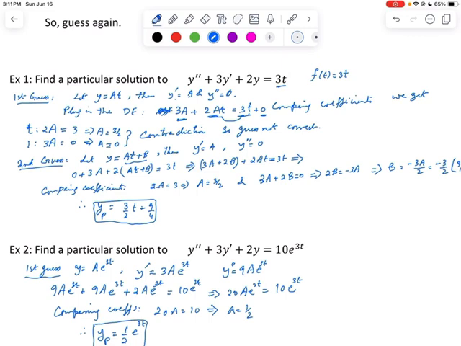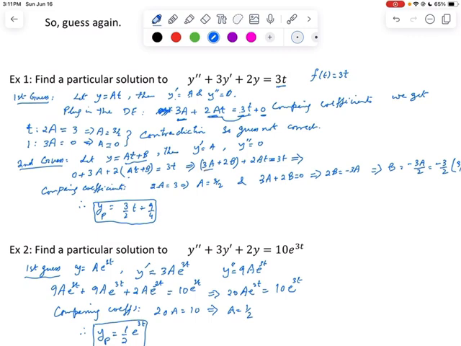The derivatives are still the same, but now when we plug in, we have 0 for y double prime plus 3 times a for y prime plus 2 times, for y, at plus b, equal to 3t on the right hand side of the equation.